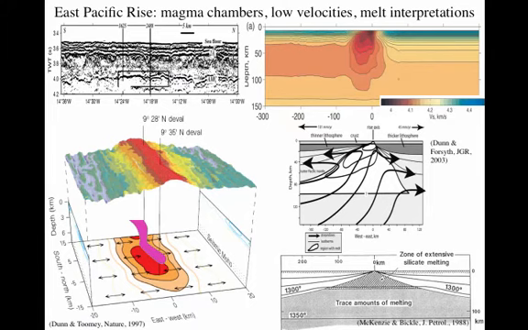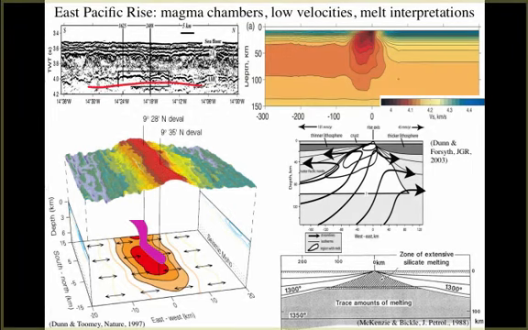Now, in an example of the East Pacific Rise, we can image magma chambers and these low velocity zones. These reflectors that look like the bold dark lines are the tops of magma chambers, and we can see that there is a continuous supply of melt beneath a ridge system along its axis.